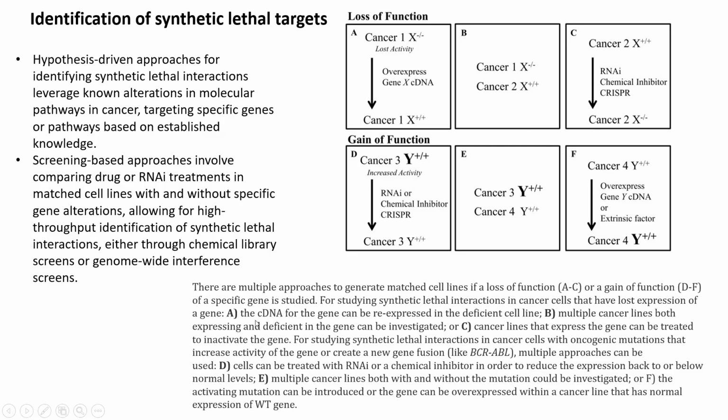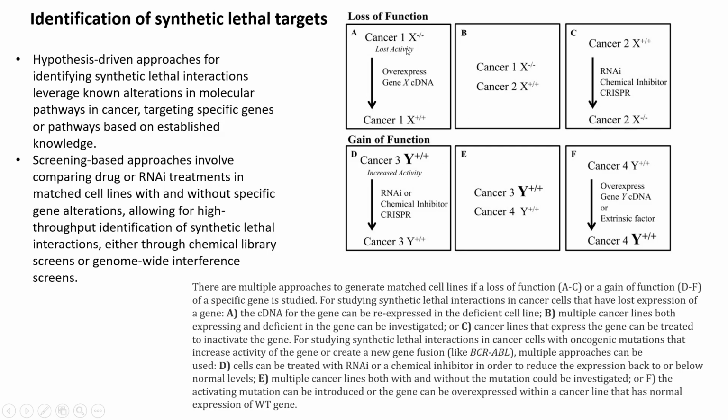Now, the cDNA for the gene can be re-expressed in a different cell line. So the complementary cDNA, you overexpress that in basically another different cell line, and these multiple cancer cell lines, both expressing and deficient in this gene, can now be investigated.